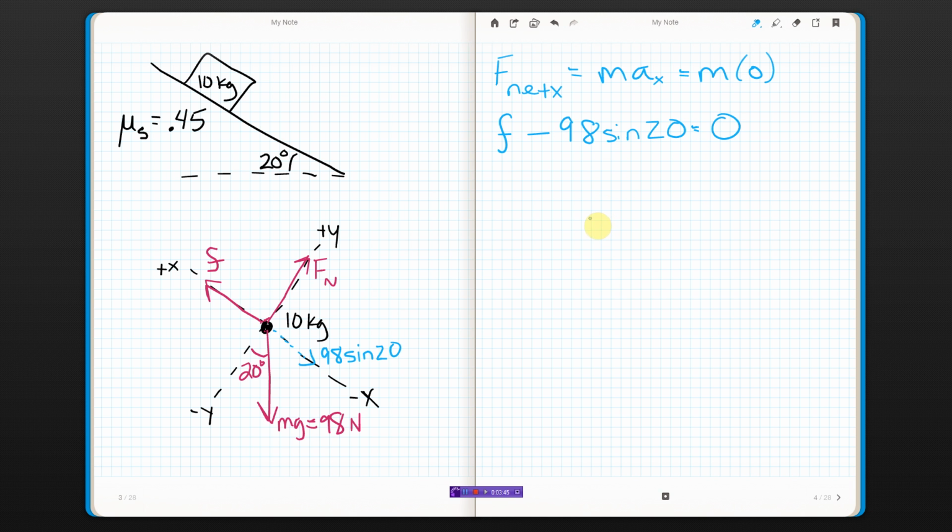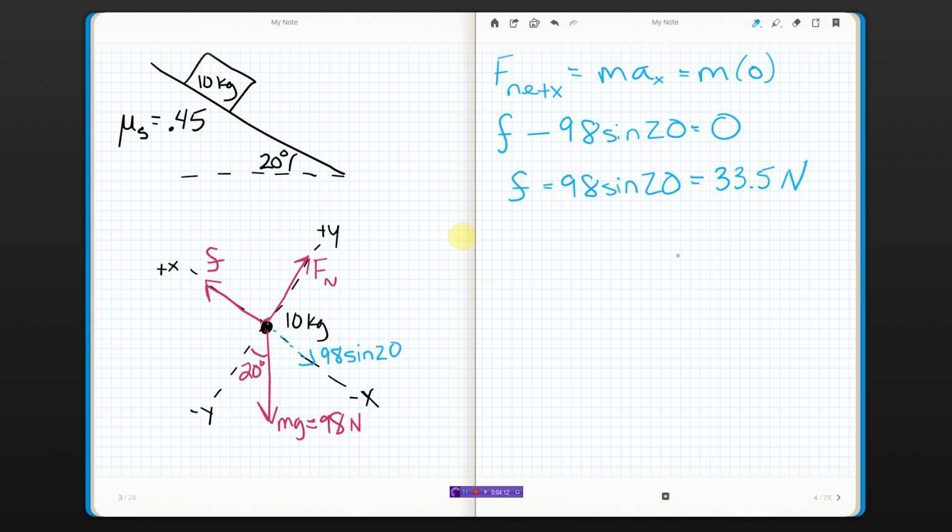So the friction I need for this to stay at rest is 98 sine 20, or 33.5 newtons.